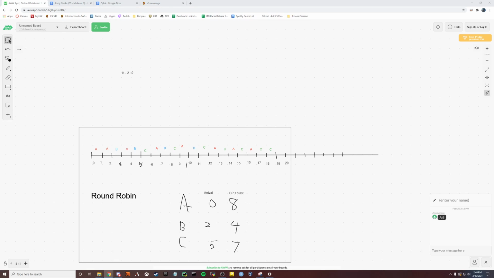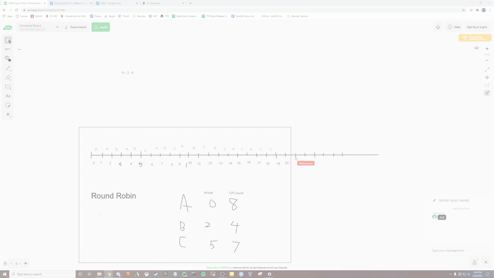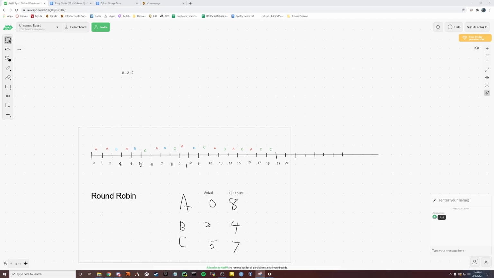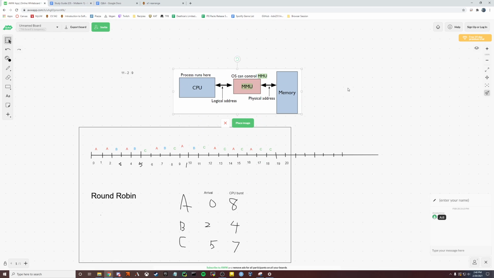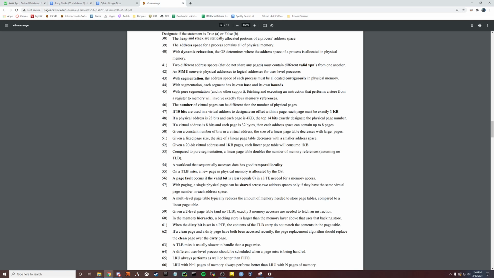I just got a snippet here. Okay, it is on the whiteboard here. This is the diagram I was looking at. So an MMU converts physical address to logical address for user level processes.